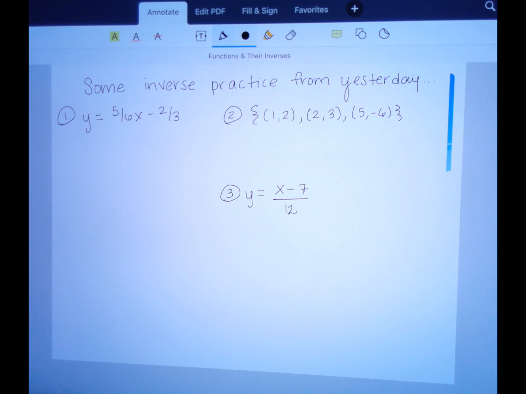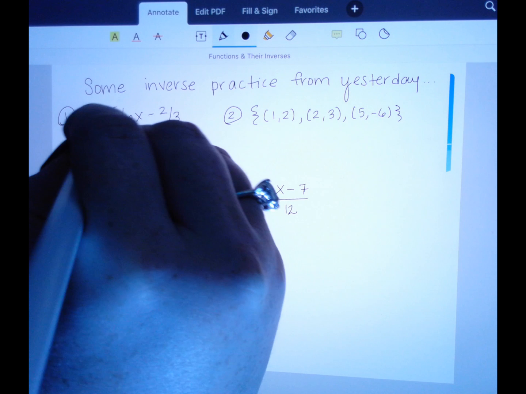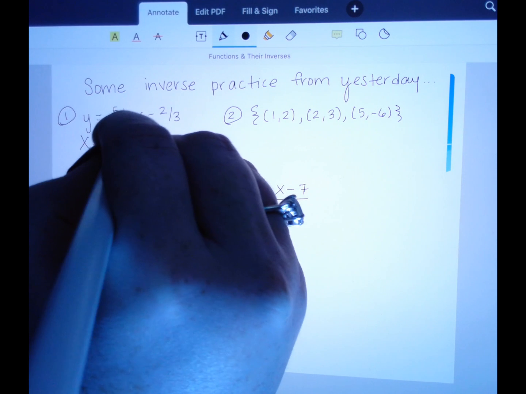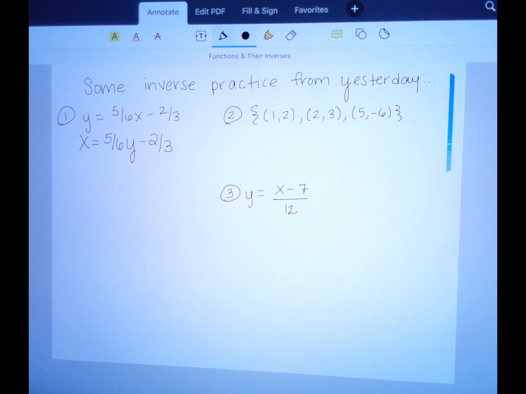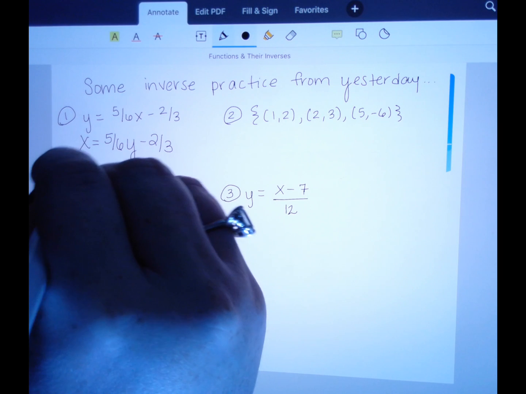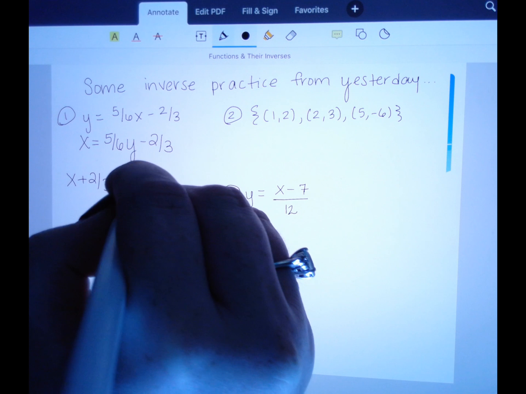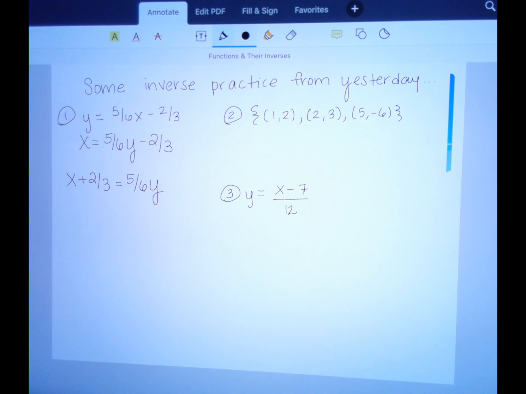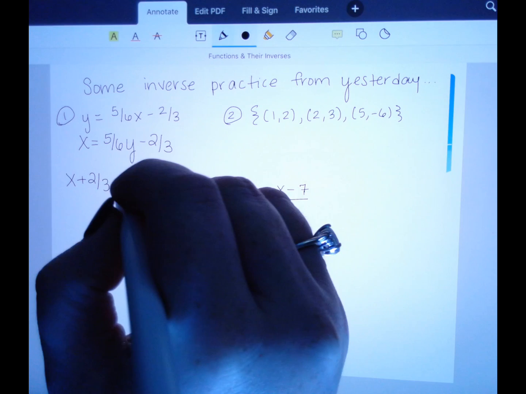All right, so hopefully you've had a chance to try these 3. So your first step right here on 1 is to switch your x and your y. Now, your next step is to add that 2/3 over. I want to get rid of the 6, so I'm going to multiply by 6.